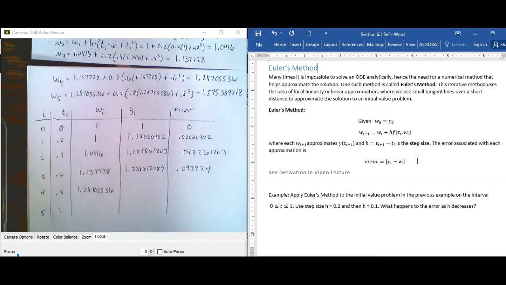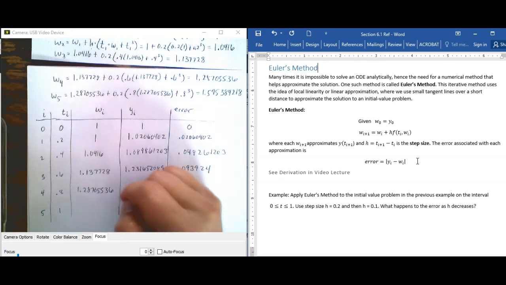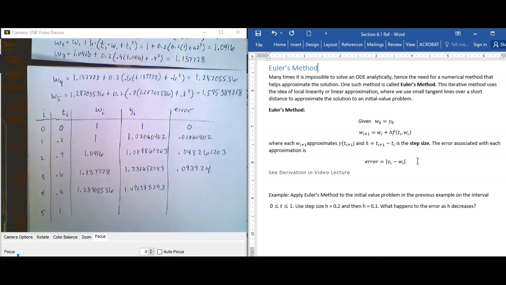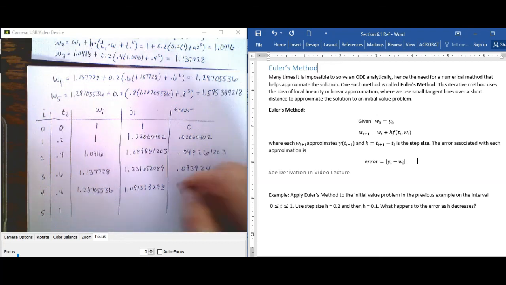For when t is 0.8, that gives us 1.4913833293. Subtracting our approximation is 0.204327, let's say 2a.